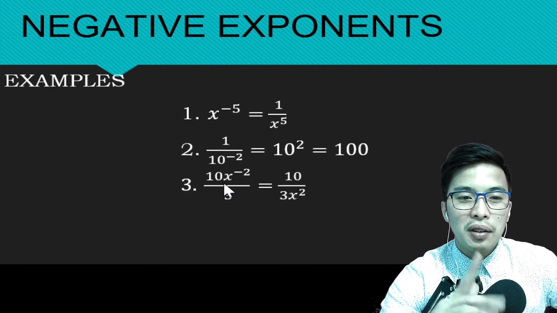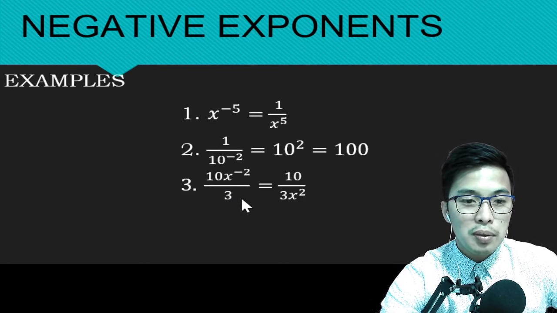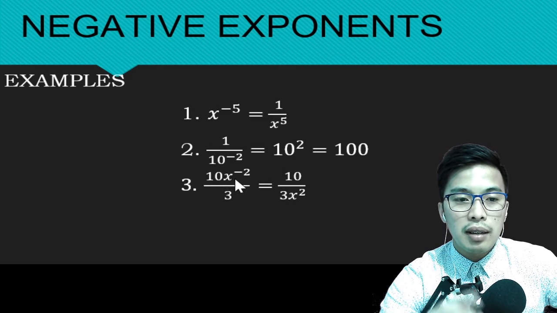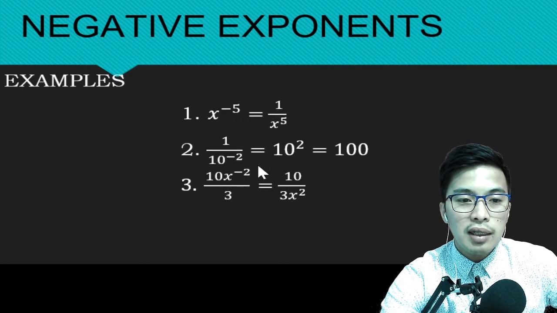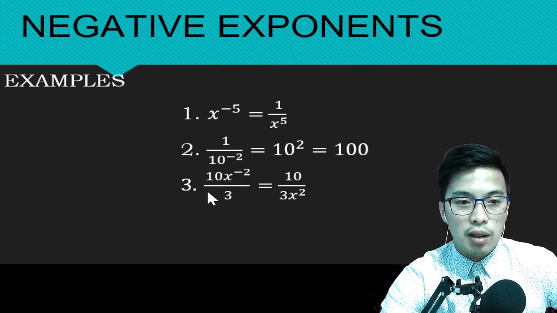So, another one is this. 10x raised to the power of negative 2, divided by 3. Okay, so si 10, ang exponent niya is positive. Meron siyang invisible 1 na exponent doon. Pero si x naman is meron siyang negative exponent which is negative 2. Okay, so ang gagawin natin, yung merong negative exponent lang, yun yung kukunin natin yung reciprocal niya.